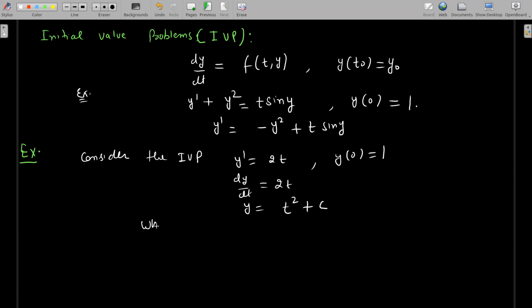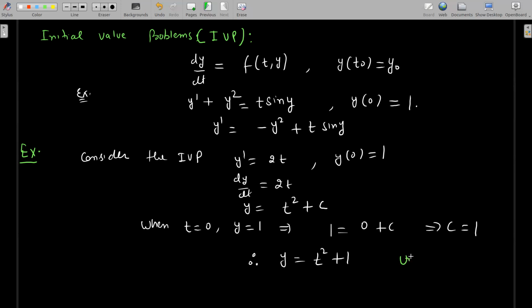And initial condition is when t equals to 0, y is 1. So this implies, solution 1 है ना, 1 equals to t is 0. So you got c equals to 1. So therefore y equals to t square plus 1. And this is the unique solution.